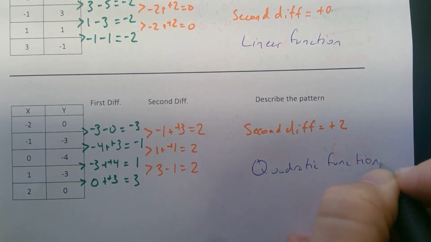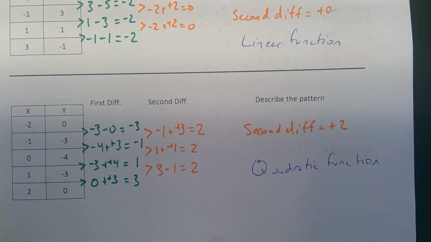This is our first day talking about quadratics, but we'll talk about these for the rest of the quarter and also into next quarter as well. So that second difference being +2 tells us it's going to be a quadratic function. All right, so let's make sure we get our couple of homework problems done that checks to see how well we understood our lesson today.